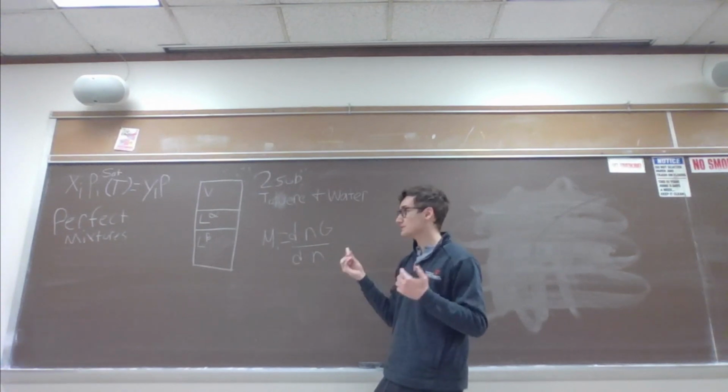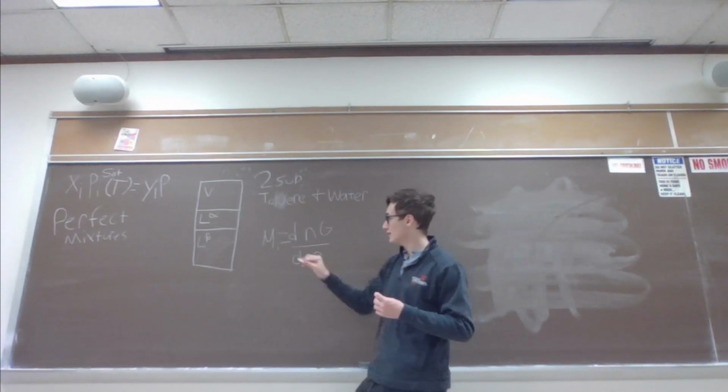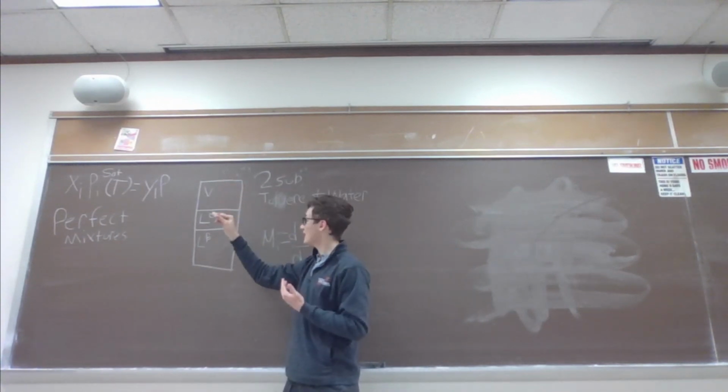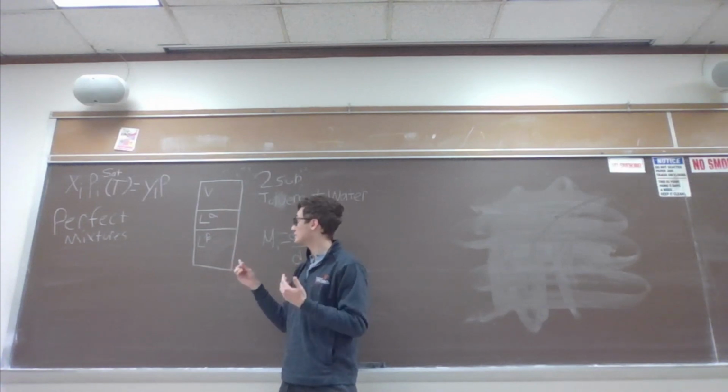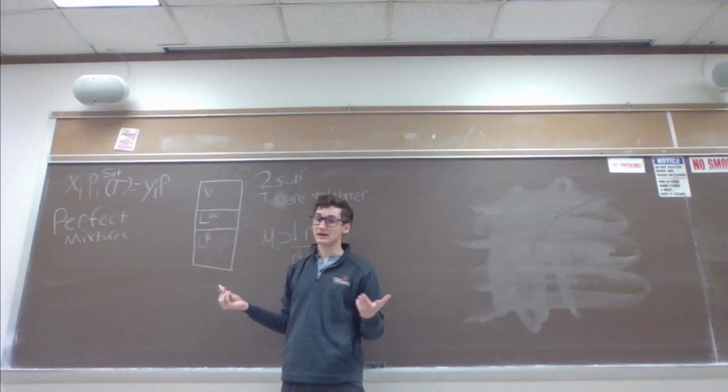And again, this is just simple algebra, but it's really important to understand that each phase has a different mole fraction, and if they don't add up to 1, you're going to have a lot of issues, as that's technically impossible.